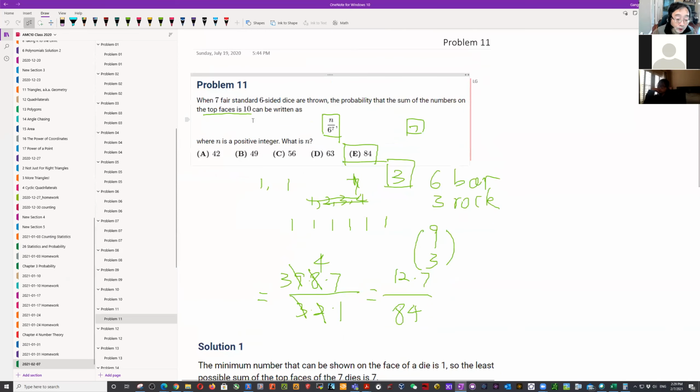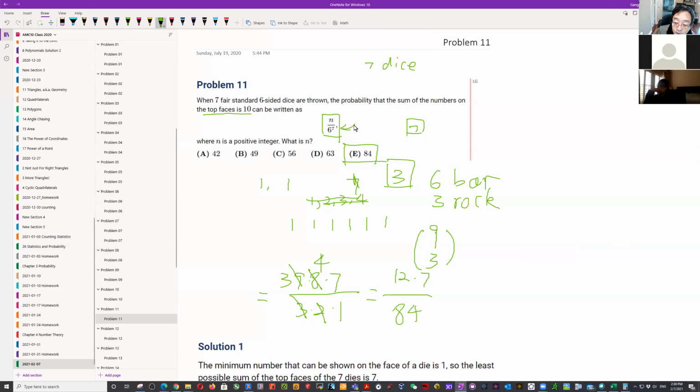This problem is about 7 dice, and it's asking for the probability. It's 7 dice, and every dice could be repeated.